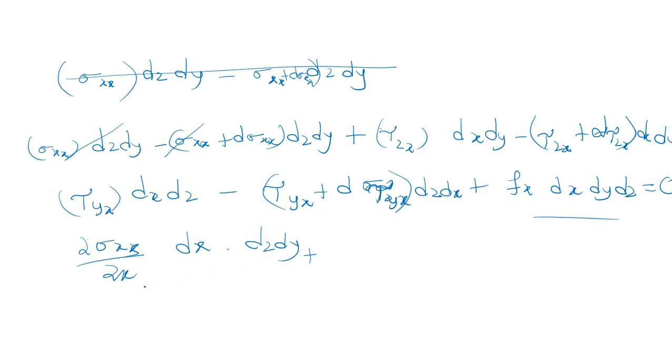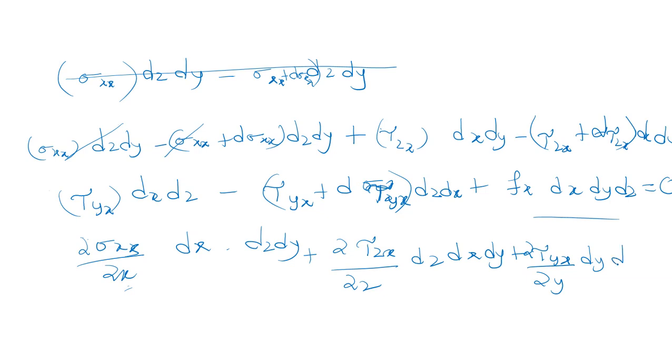Similarly, we are multiplying and dividing with dx, and we can cancel, and the remaining equation we get is: dou tau zx divided by dou z dz, this one is dx dy, plus dou tau yx divided by dou y dy dx dz, plus f of x into dx dy dz is equal to 0. We are just trying to simplify this equation.